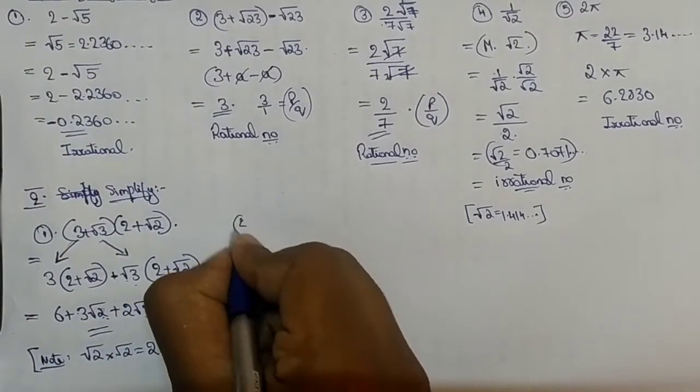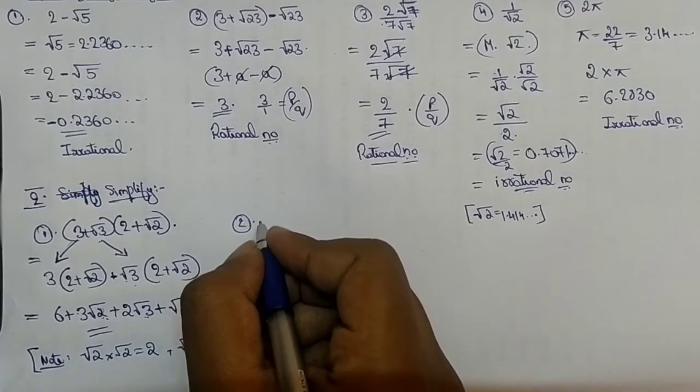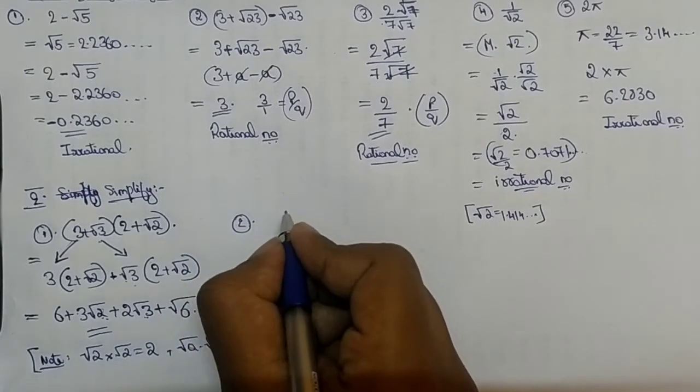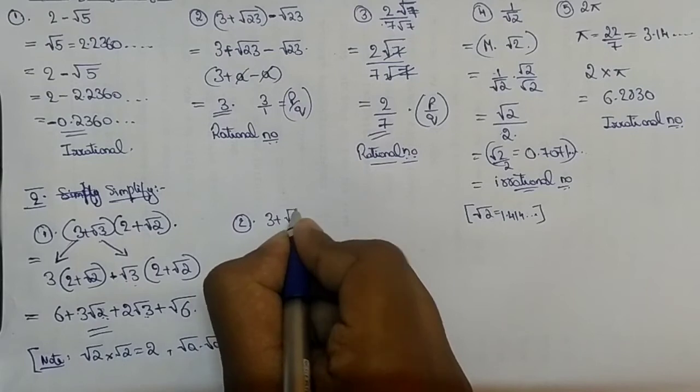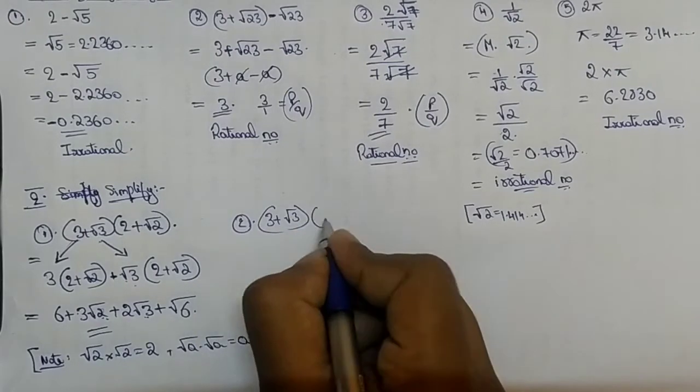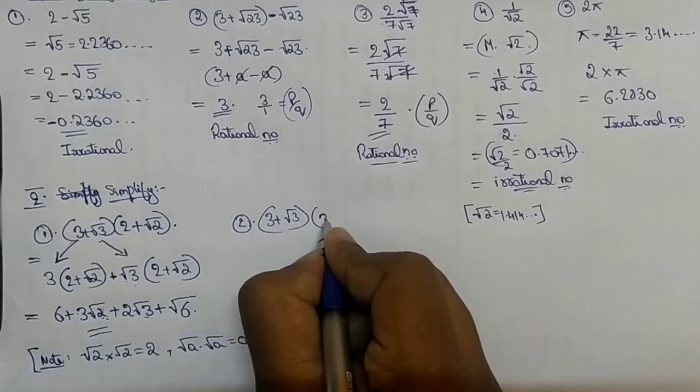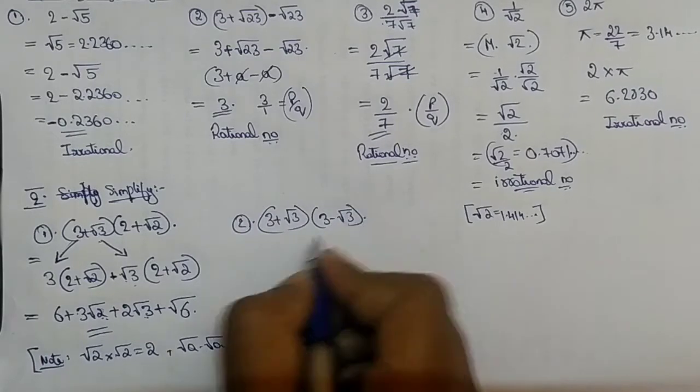Second question is 3 plus root 3, first term, multiplied by 3 minus root 3.